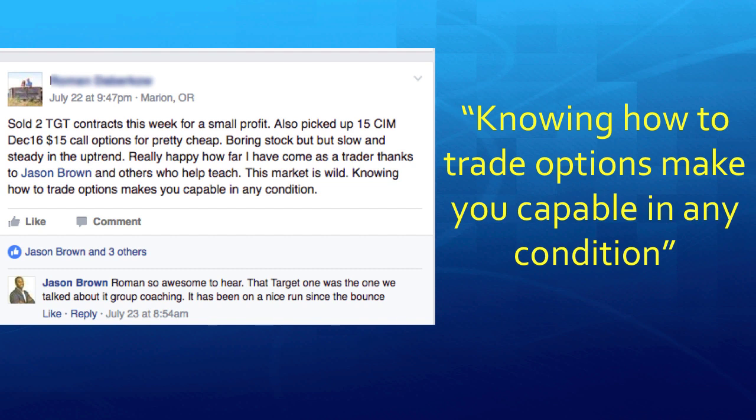So this person, I blocked their name out for privacy. Listen to this. The big picture off to the right, it says, knowing how to trade options makes you capable in any condition. But you can see here, he said sold 2 TGT contracts, which is Target, if you don't know that ticker symbol, this week for a small profit. Also picked up 15 CIM contracts, December 16, $15 call options for pretty cheap. Boring stock, but slow and steady in the uptrend.